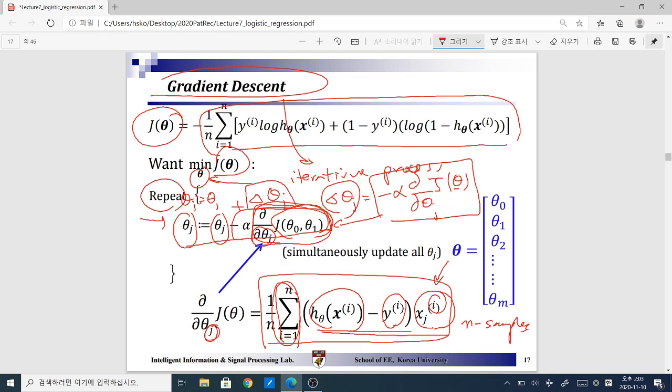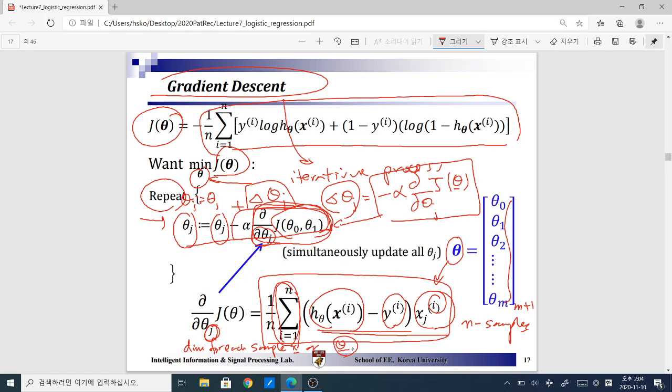The j here indicates, by the way, the dimension for each sample x or the parameter theta. For example, the parameter theta would have m plus 1 dimensions.